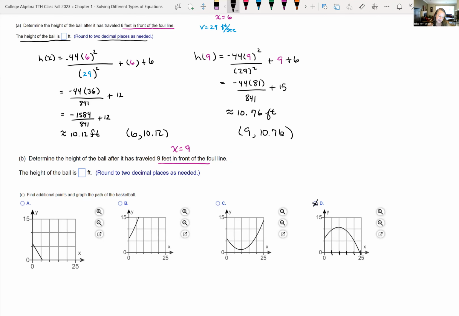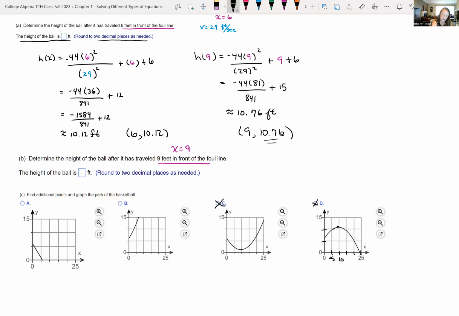So we saw that at 6, that would be about here, approximate. That is a little over 10, which is correct. If I look at 9, which is a little bit before this 10, I get a point right here, which again looks like it's close to 10.76.